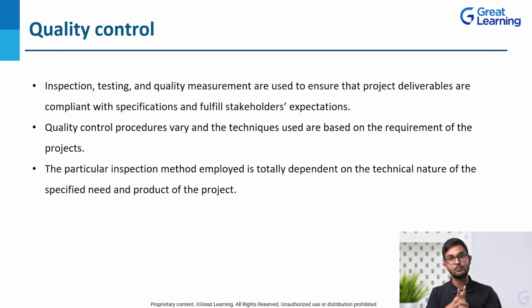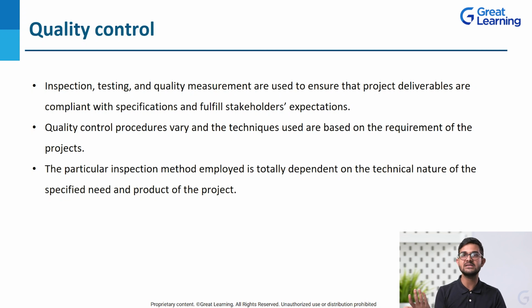We plan, we assure in order to control the quality eventually. So quality control procedures vary, and the techniques used are based on the requirements of the projects. It always depends upon the project. In fact, the definition of quality in general is different for each project, as I already mentioned. So what are the procedures and the techniques? That will again depend upon the kind of project that we have undertaken. Then the particular inspection method employed is totally dependent on the technical nature of the specified needs and the product of the project. What do we want at the end of this project?